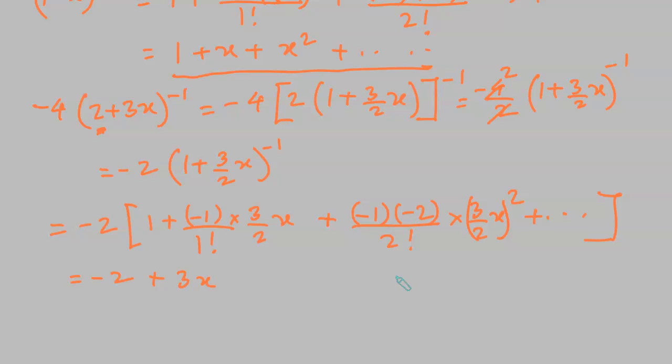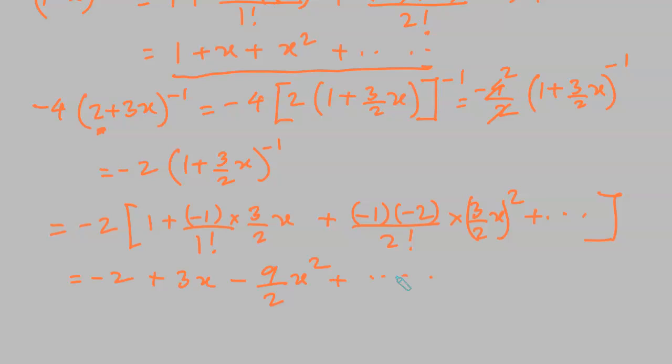Third term, negative 1 times negative 2 is positive 2 over 2, which is 1, and this is 3 over 2x whole square. That is 9 over 4x square times negative 2. So it will be negative 9 over 2x square. Okay. And of course there will be other terms.